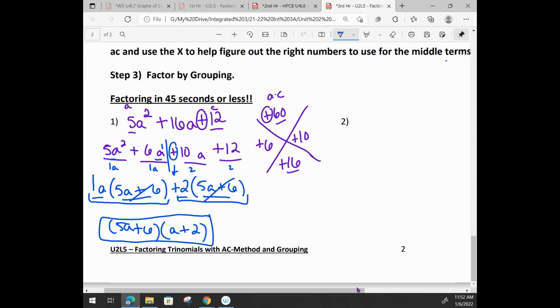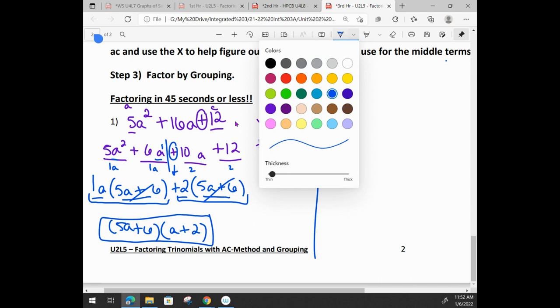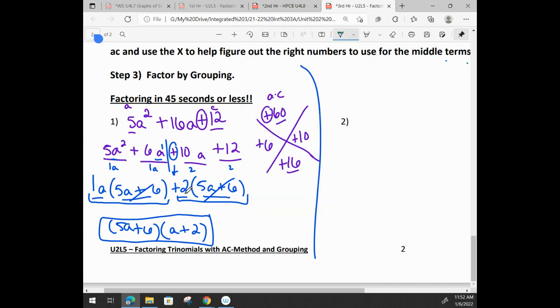All right. One more. So this time I'm going to give you one that has a minus, a negative C value. So you'll have to find two numbers that will have a difference of something. So here we go. Your first term is 6r squared.